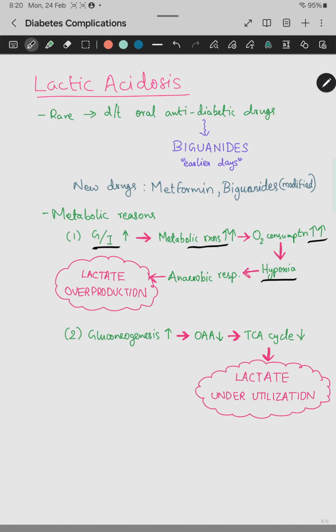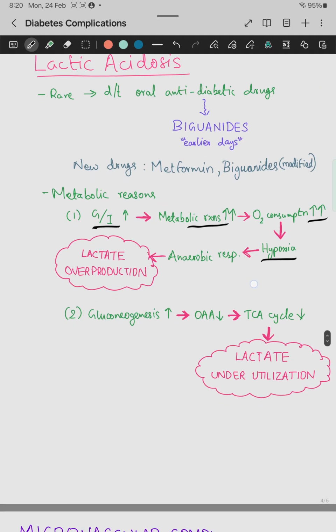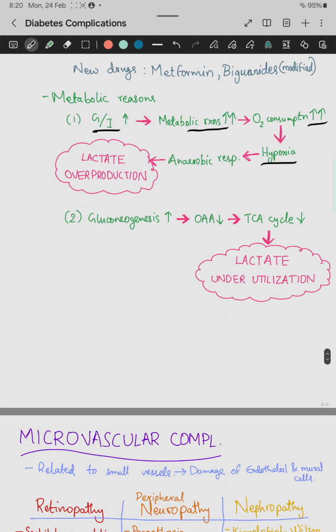That causes increase in many metabolic reactions, and it causes increased consumption of oxygen, and it causes hypoxia, which leads to anaerobic respiration. Thus lactate or lactic acid is overproduced and it gets accumulated in our body. And another reason is increased gluconeogenesis, which is also due to increase in glucagon insulin ratio.